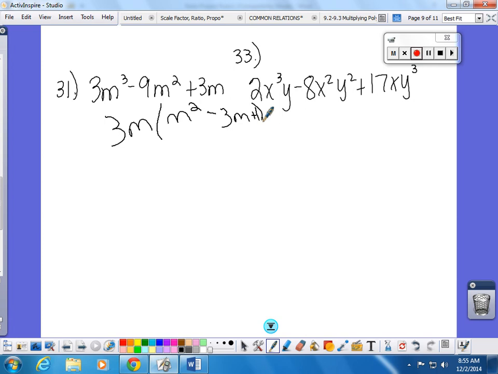When you look at number 33, there are no numbers that go into 17 other than one and itself. So all we can pull out is common variables. So we have an x and a y, and both to the first power. That's all we can do. If anything will factor out other than one, then it's not prime.